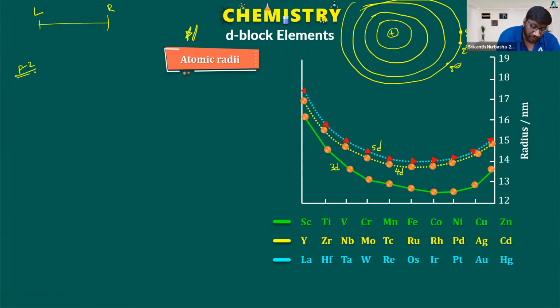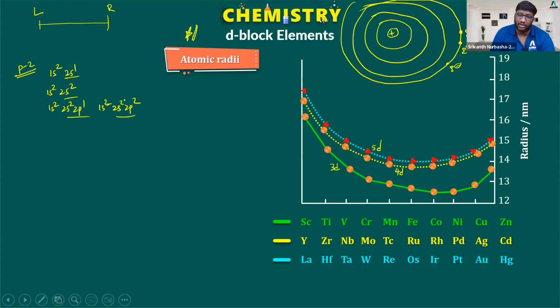Consider period 2: 1s2 2s1, 1s2 2s2, 1s2 2s2 2p1, 1s2 2s2 2p2. You are adding electrons in the same second shell.